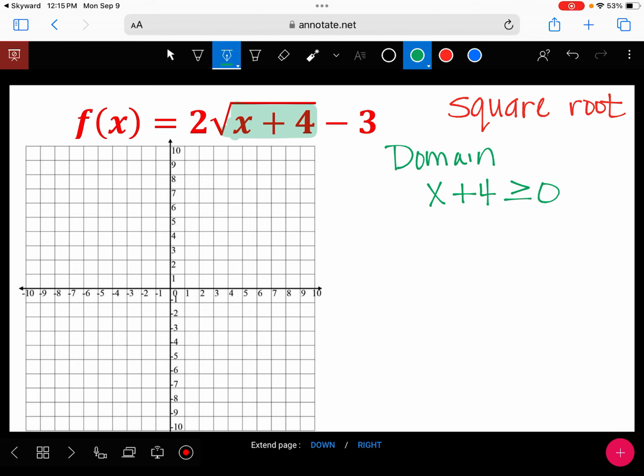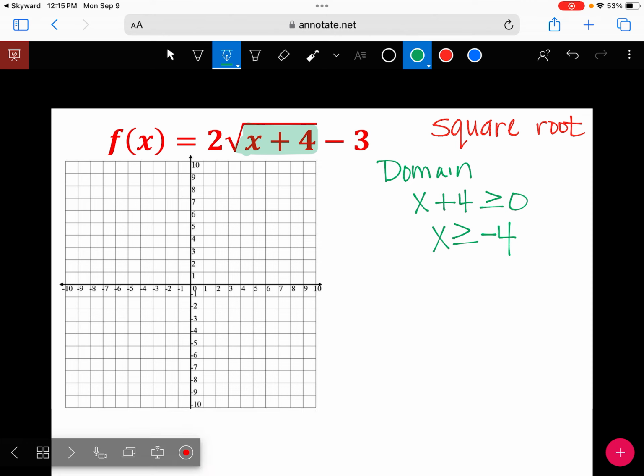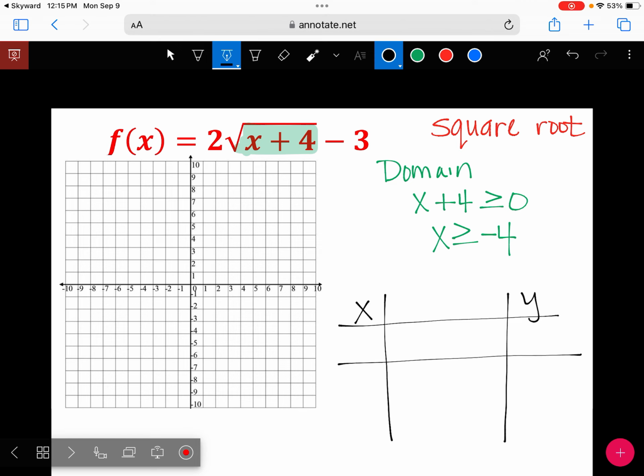What's going to be our domain for this one? X has to be what? Yeah, x has to be greater than or equal to -4. So what that tells us is when we do our table, the vertex has to be -4, and we can only pick numbers.